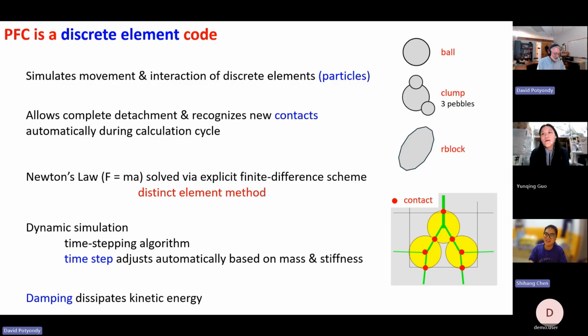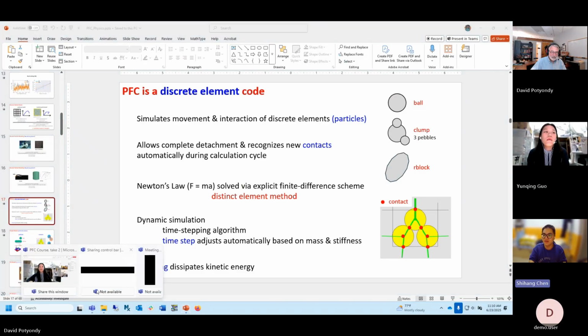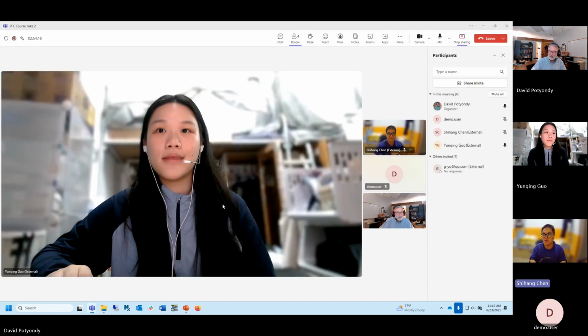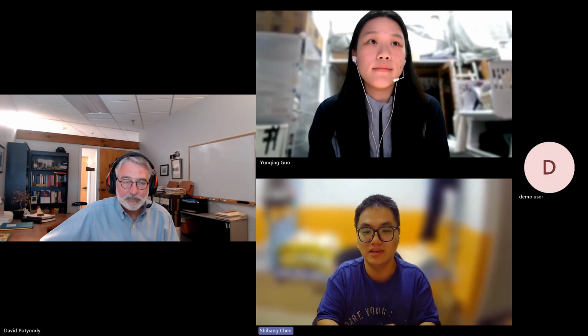Okay. And I have a last question about the rotation. Since I've talked about the superquadric particles, the rotation of superquadric particles would be really important compared to the sphere, since the contact between spheres is always the same. We just use the distance and the radius to calculate the overlap, right?